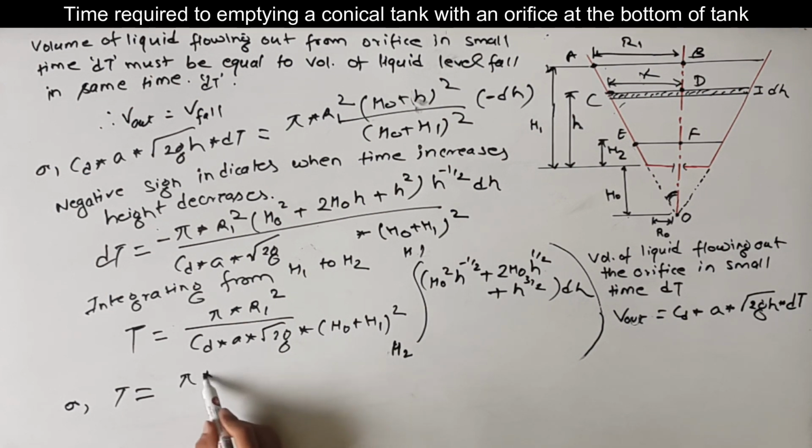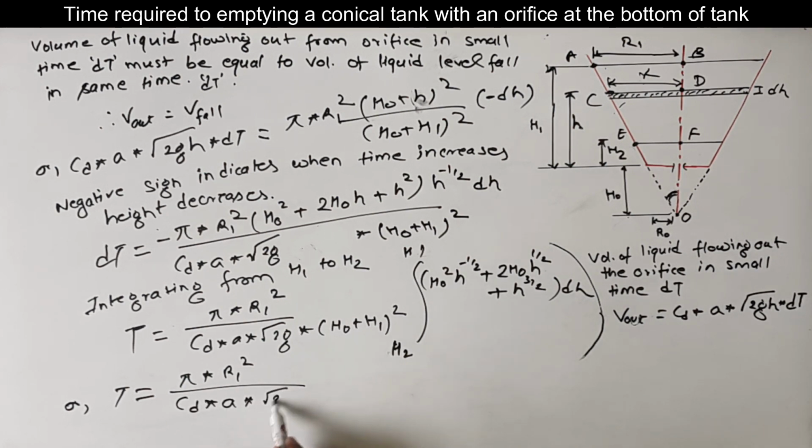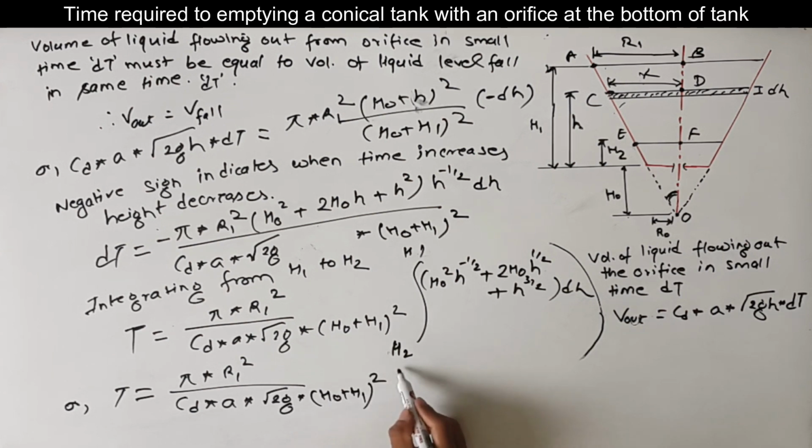This is pi into r1 square upon CD into A into root under 2g into h0 plus h1 whole square.